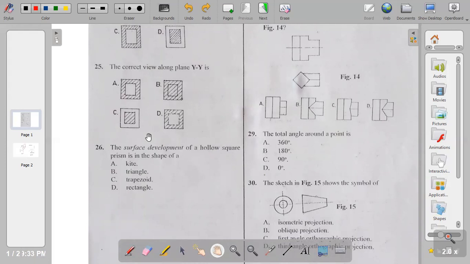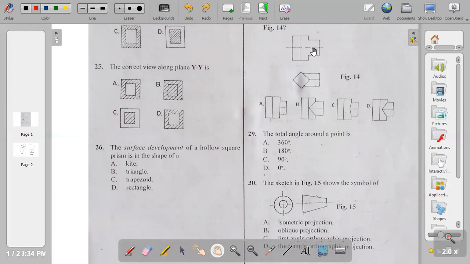Will you see a kite? Will you see a triangle? Will you see a trapezoid? I'll see a rectangle. I'll go with D. The prism will give me a rectangle. So question 26 is D.